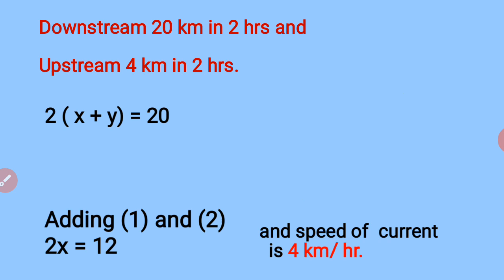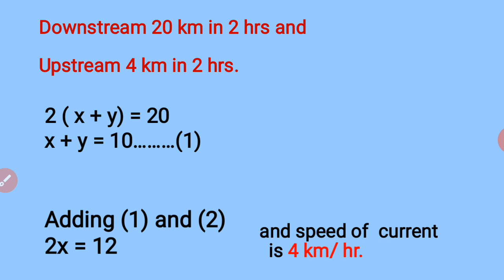So here the statement which we have just got, that is 2 multiplied by x plus y equal to 20, is nothing but 2 is time, x plus y is speed downstream, and which is equal to 20, that is the distance. So it is very simple actually. It is the usual method which you learn in physics. You are going to use it here. We can solve this statement further mathematically. We get x plus y equal to 10. This is your first equation.